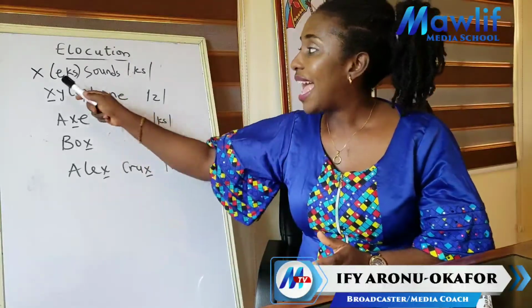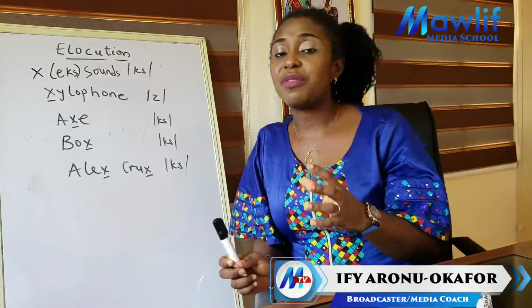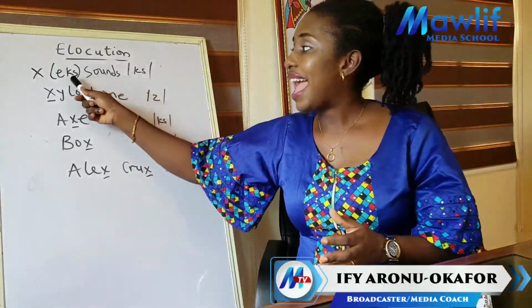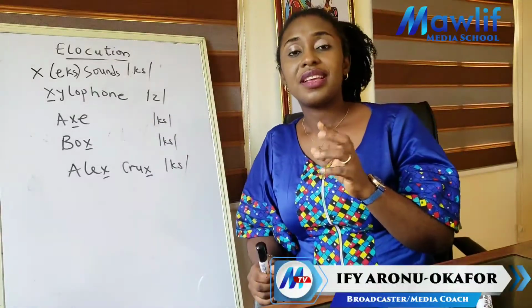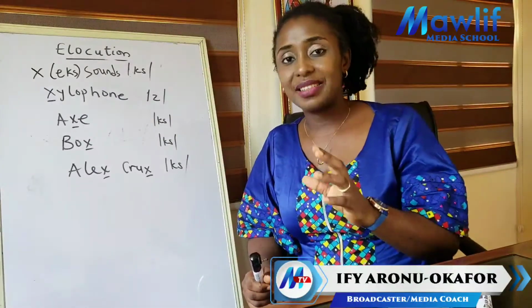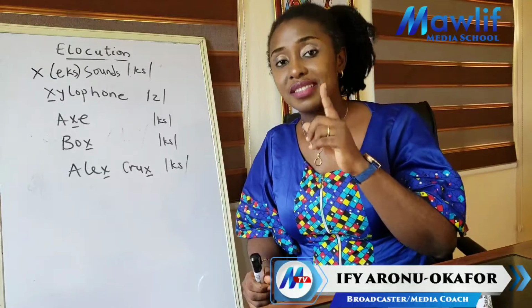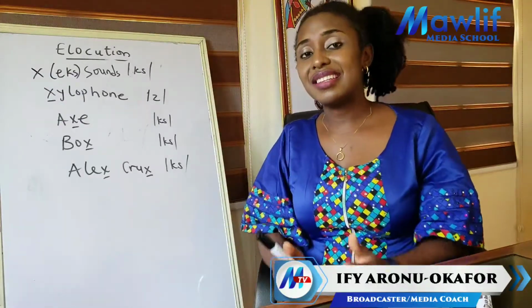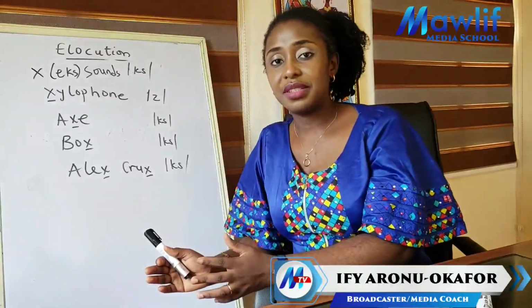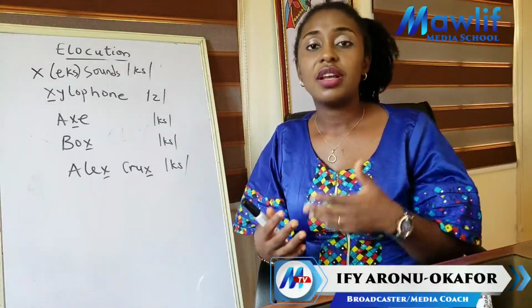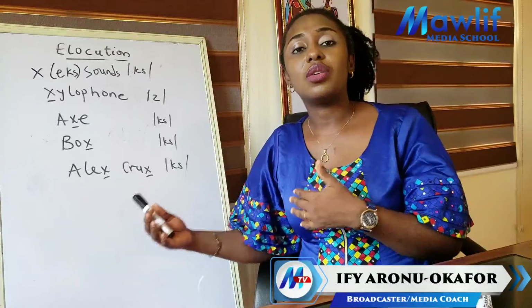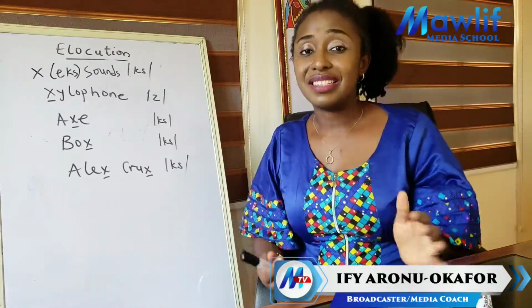X is the letter name of that. Then X sounds Ks. Of course, you know we have the letter names and the letter sounds. Letter names are, of course, what you see in English, A, B, C, all the way to Z. Those are the letter names.